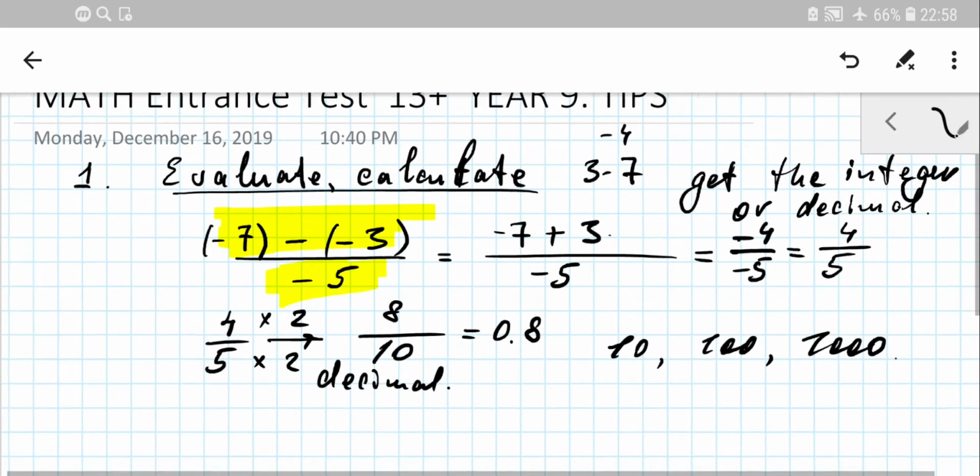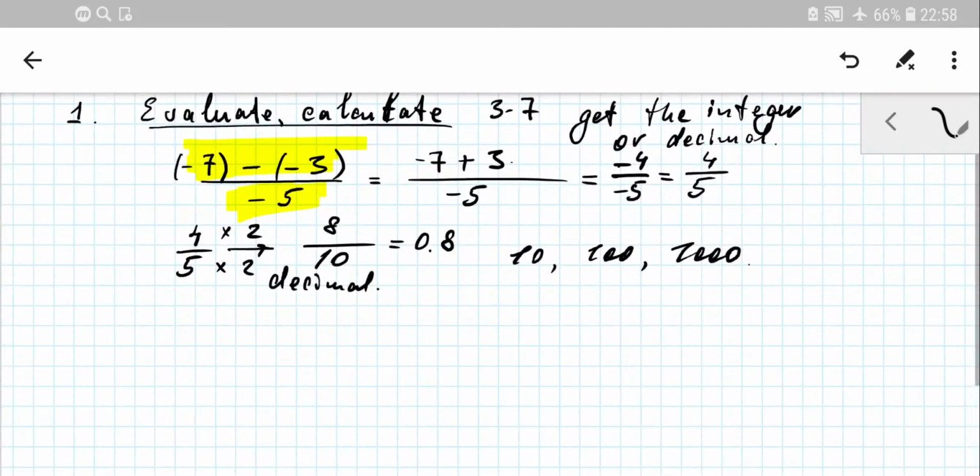So the typical question might also be about percentages. That's again in the section evaluate, calculate. Typical are the nearest first numbers and nearest first problems. Let's calculate 15 and 1 over 2 percent, so basically 15 and a half percent of, let's say, some number, I don't know, 300 pounds, for example.